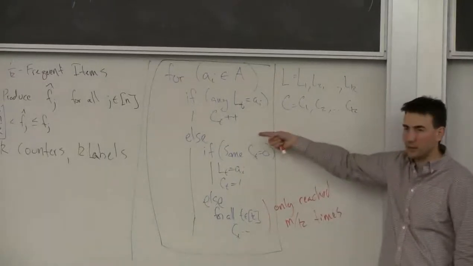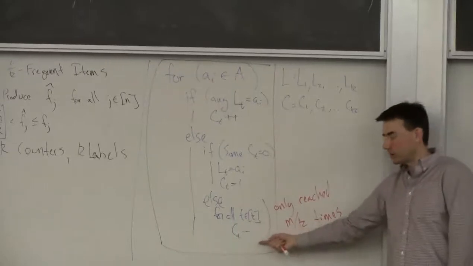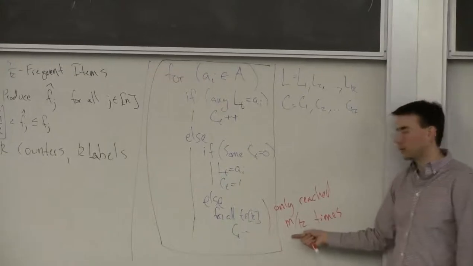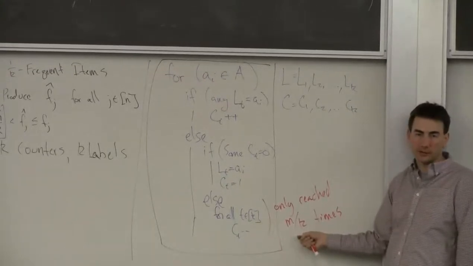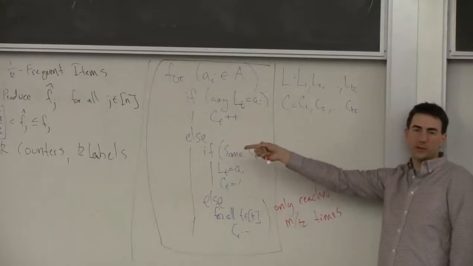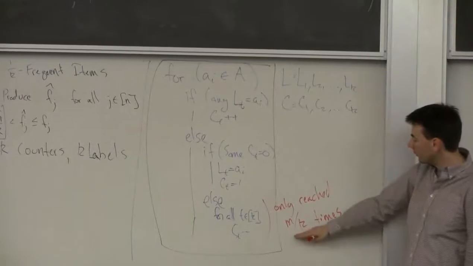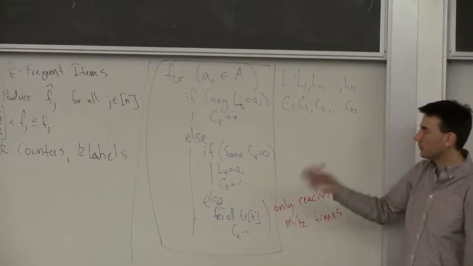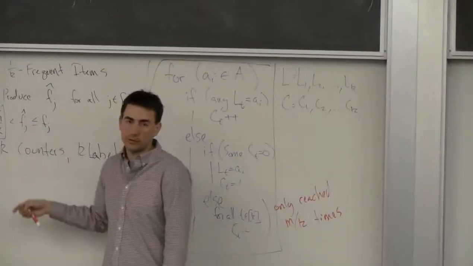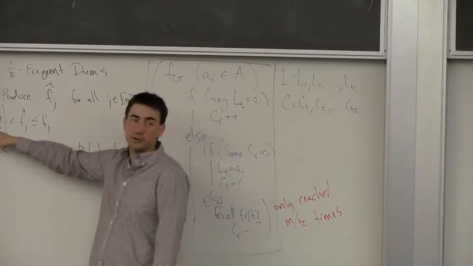I always increment it, and then I'm deleting it. So I can only do this m over k plus 1 times, actually. Then you can actually run it with k minus 1 counters. But if I only do this m over k times, I can only subtract a total of m over k from each of the counters. So that means I never underestimate by too much.